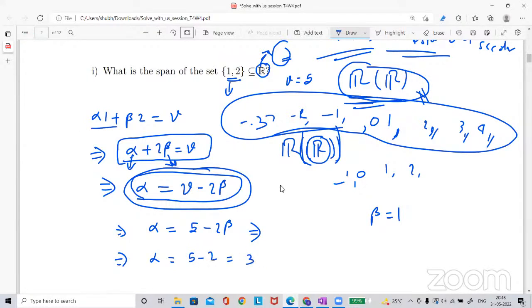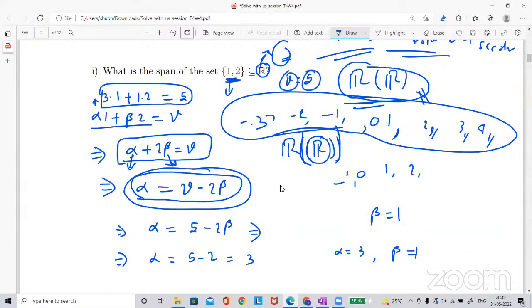So if you take the linear combination with alpha equal to 3 and beta equal to 1, then 3 into 1 plus 1 into 2 gives 5. This linear combination generates 5 also.